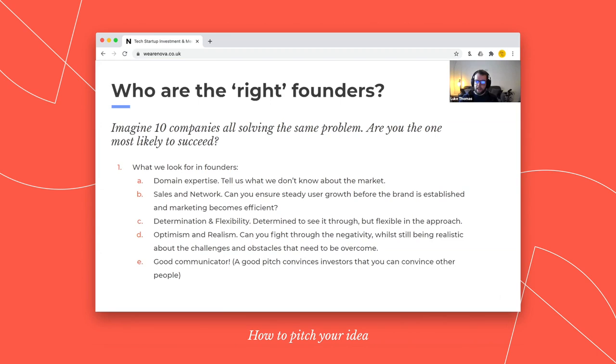For us, sales and network is key. We are developers, designers, business coaches, but we can't sell your idea for you. We need to partner with people who have the ability to network, grow, and sell. And one day, marketing and brand will do the growing for you. But before you're a well-known company, you need to drive that growth yourself.